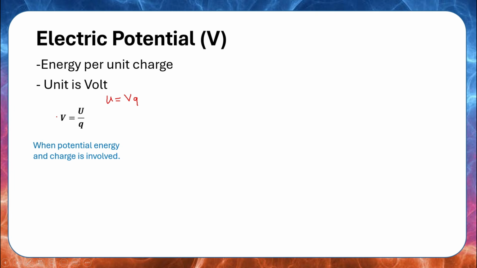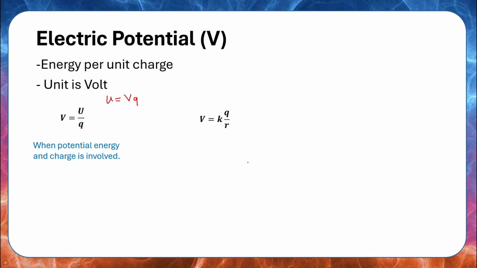So if the electric potential and also potential energy are mentioned, then the formula of this one is used, or this one. It's up to you which one is being asked. We're going to use this one if the electric potential, the energy, and also the charge are involved.